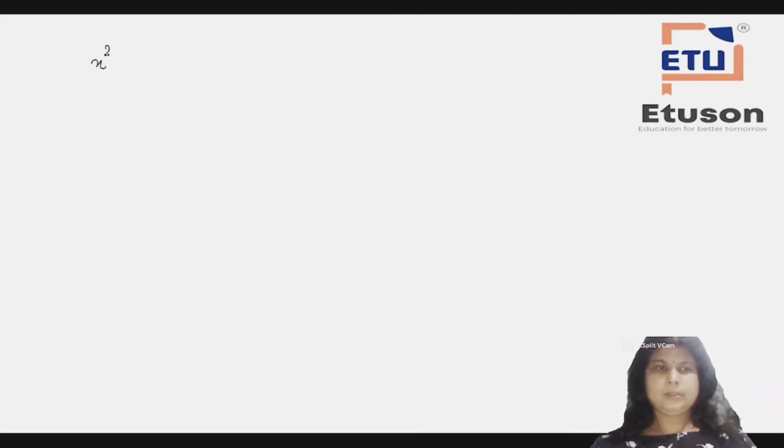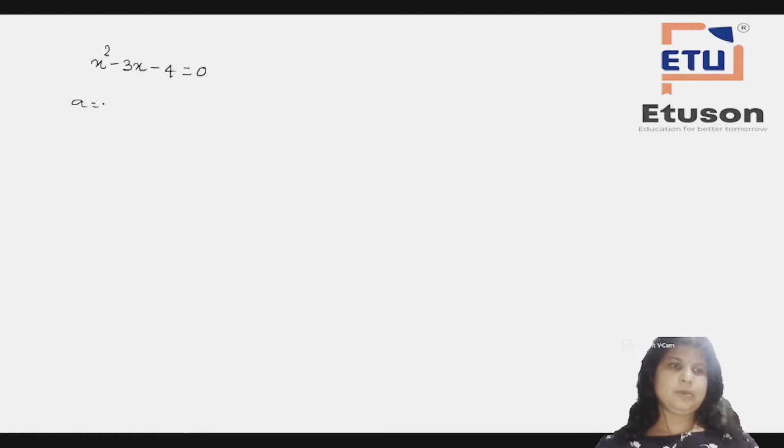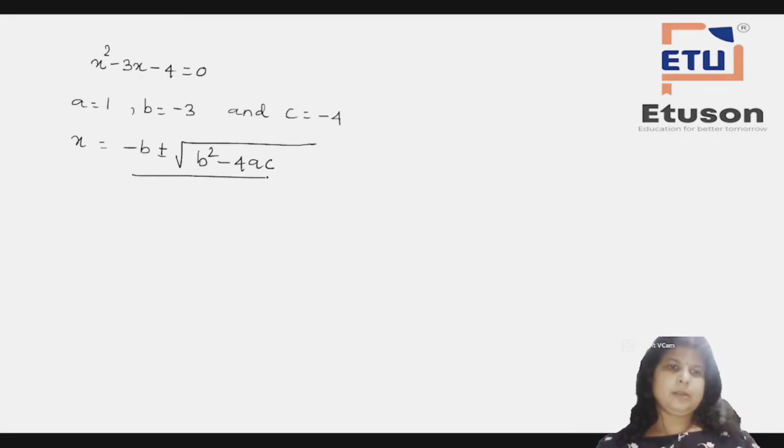So x square minus 3x minus 4 equal to 0. Here a is equal to 1, b is equal to minus 3 and c is equal to minus 4. So x is equal to minus b plus or minus square root of b square minus 4ac divided by 2a. Let us put the values.